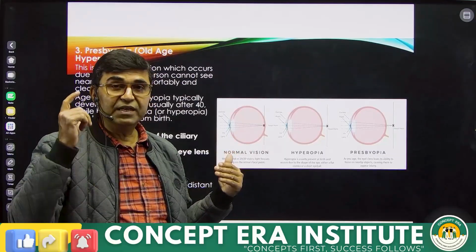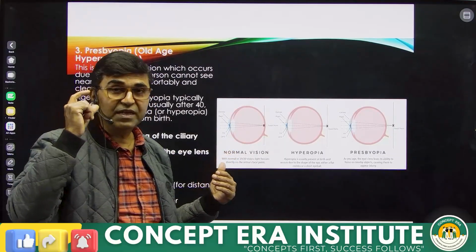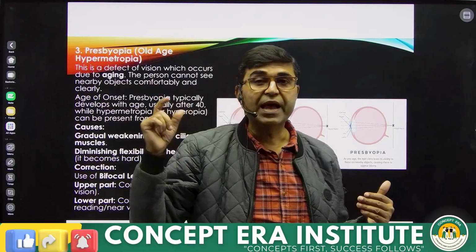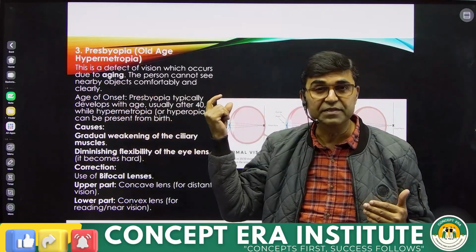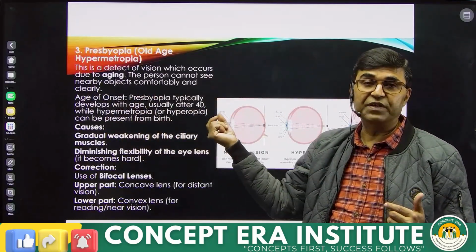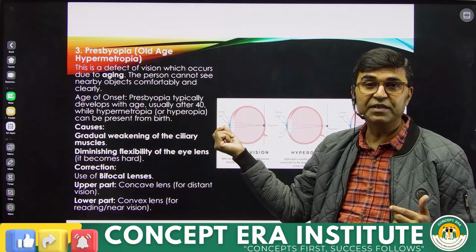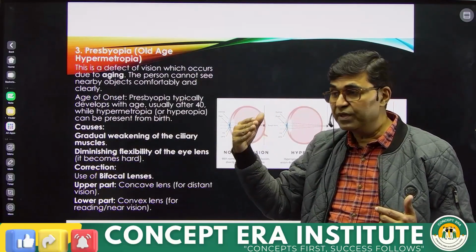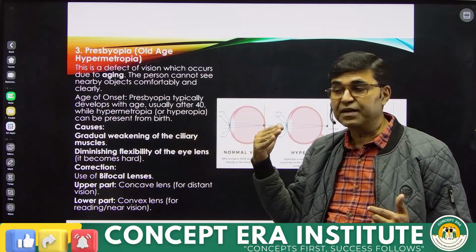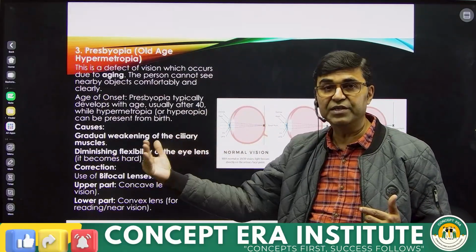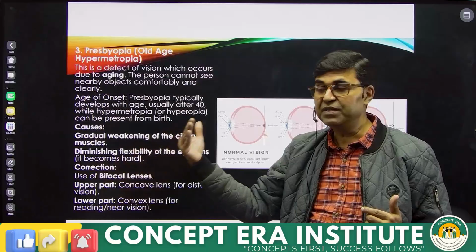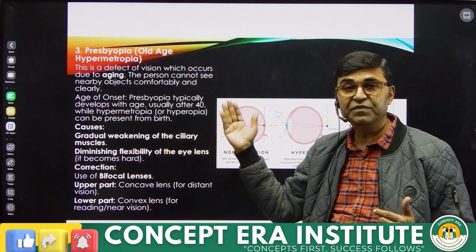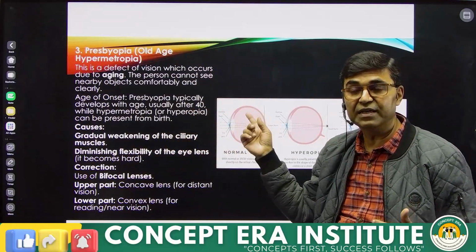Because their ciliary muscles are gradually weakened and their eye lens is gradually stiffening. It's losing its flexibility slowly. In that case, due to the passage of time, their near point recedes away gradually. That means every now and then they will have their eyes checked and their lenses replaced.